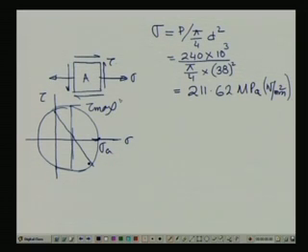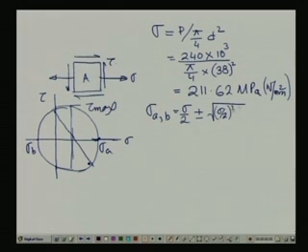In this case it is sigma A, and this comes out to be sigma B. So, we can write sigma A, B, or people also write sigma 1, 2, equals sigma by 2 plus minus square root of sigma by 2 whole square. You understand where I am taking these values from, our earlier lectures on stresses in machine members.